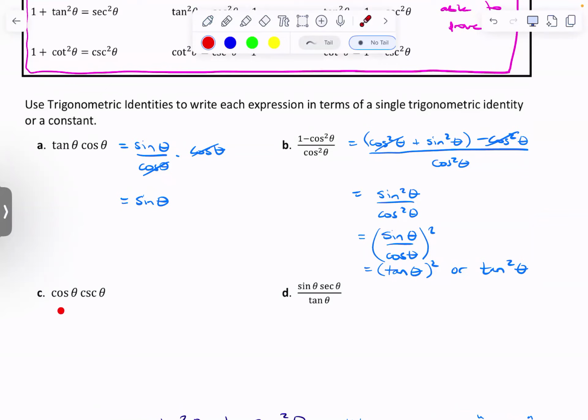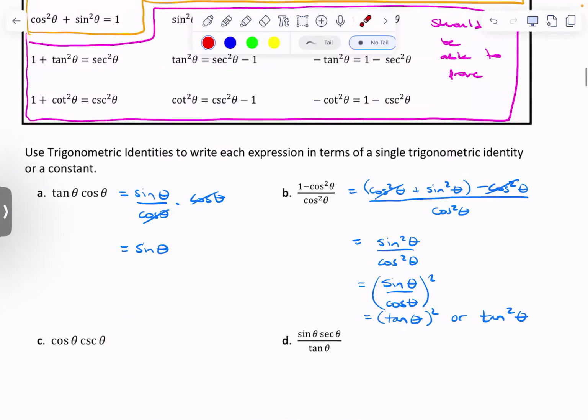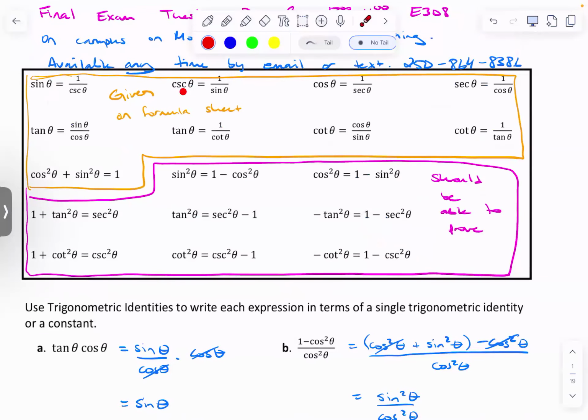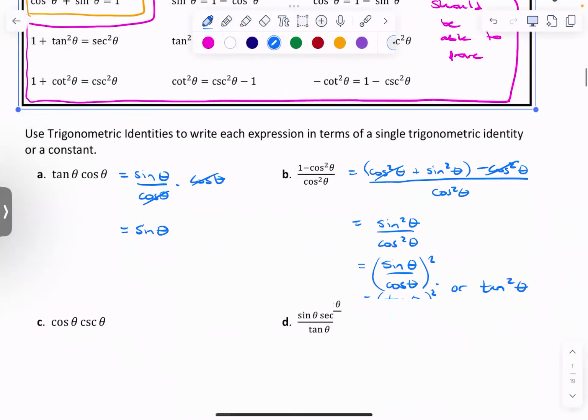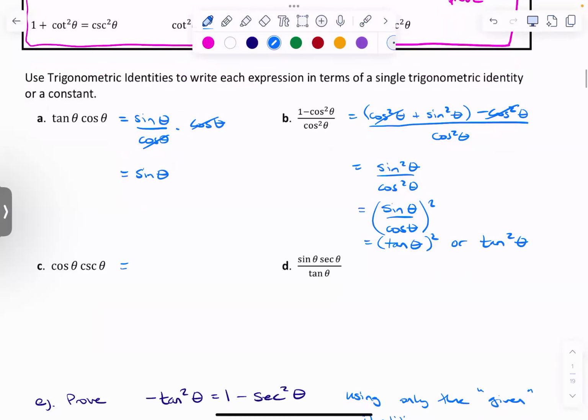For C, when I see cos theta times cosecant theta, usually my instinct is to manipulate the cosecant theta. I'm going to scroll up and see cosecant theta is 1 over sine theta. So what if I replace that and say cos theta times 1 over sine theta?